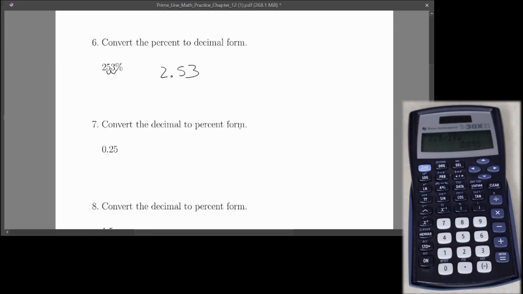Converting a decimal to percent form, we can write this over our tenths, hundredths, so 25 over 100, and then we can reduce that to 1/4, or 25%.